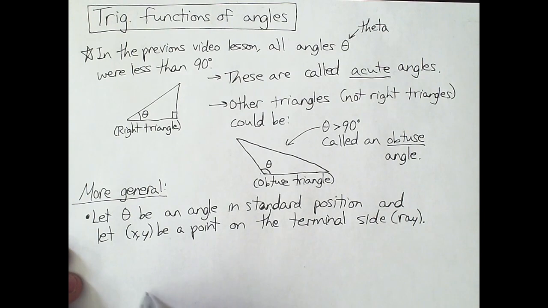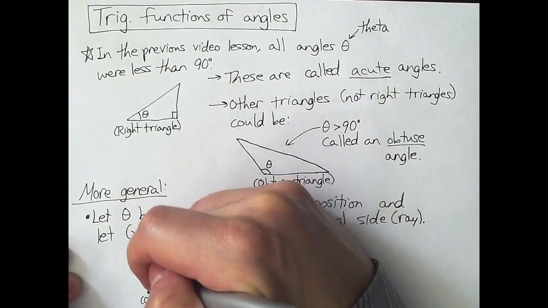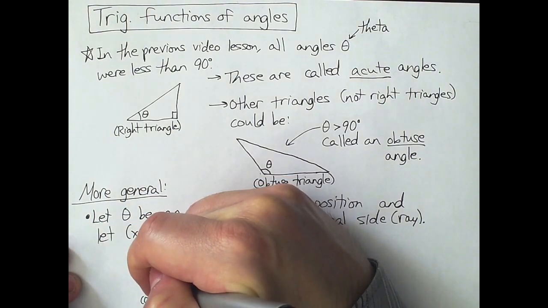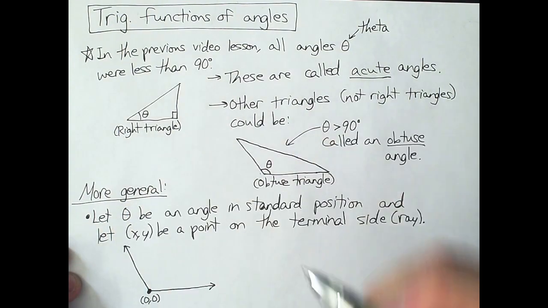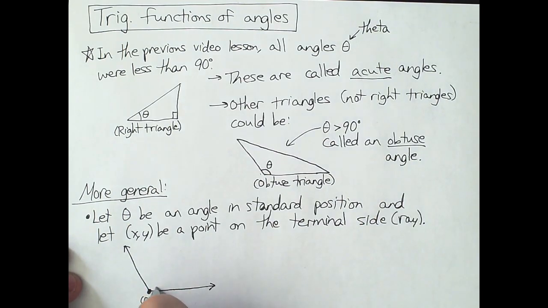One picture of what this might look like is, well, it's in standard position. So that means that the vertex is at the origin, or I guess I could just say the origin is at 0, 0. And it's the vertex of this ray, and it's also the vertex of this ray. And this is an angle theta.